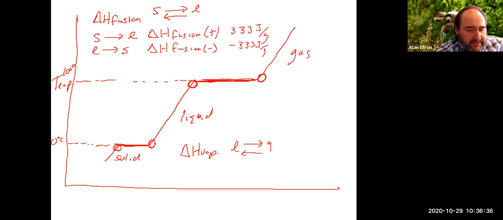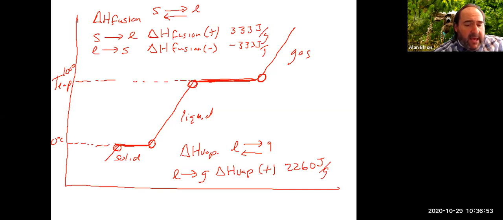The same process occurs: if you're going from liquid to gas, you need to put energy in, and it's endothermic. Delta H of vaporization would be a positive number. By the way, for water, it's something like 2260 joules per gram, give or take. If you're going from gas to liquid, delta H of vaporization is going to be negative, or exothermic, something like negative 2260 joules per gram.